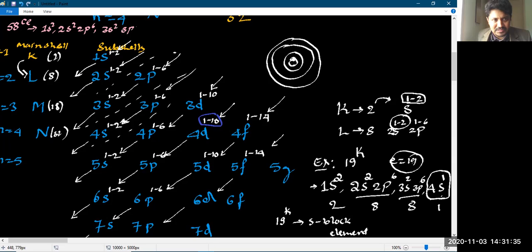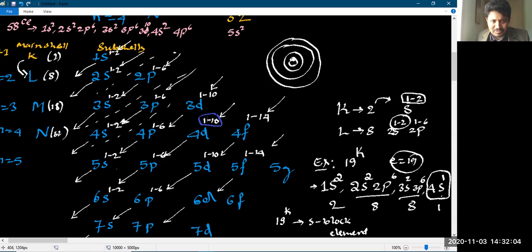Next 3p6. After 3p it directly goes to 4s2. After filling 4s it comes to 3d. I can write 3d here, and after 3d it goes to 4p6. After 4p6 it directly goes to 5s2.